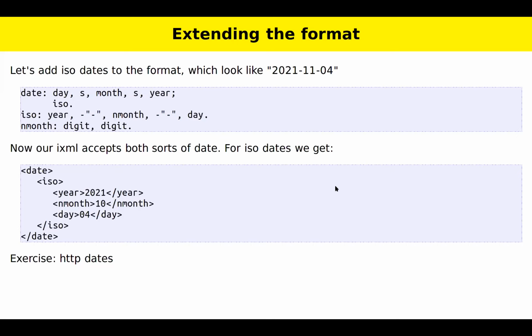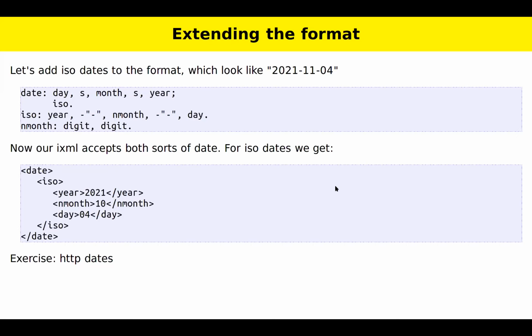So we're going to add ISO dates to the mix. ISO dates look like year dash month dash day, and so as you can see here, I've got date is the same day space month space year, or ISO, where ISO is the year dash n month dash day.